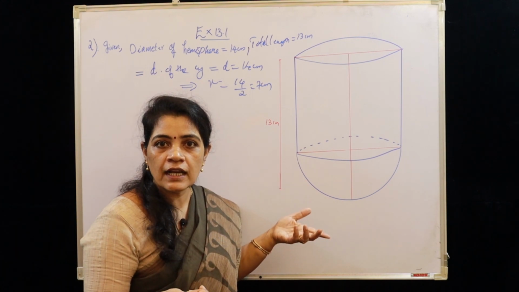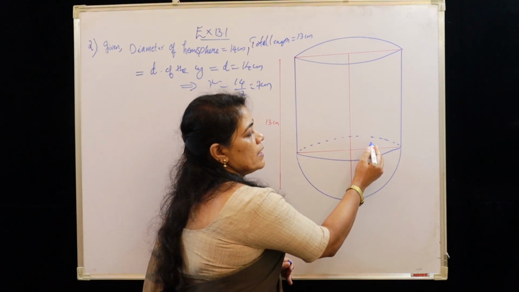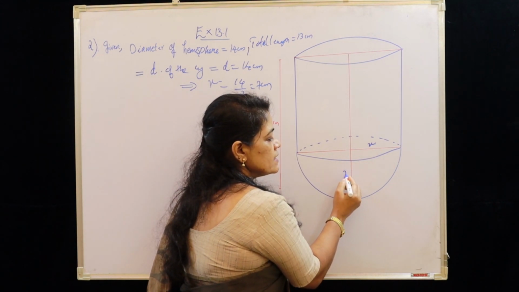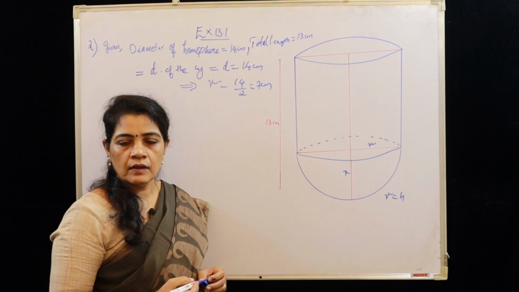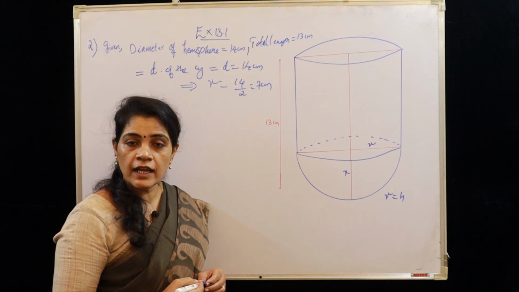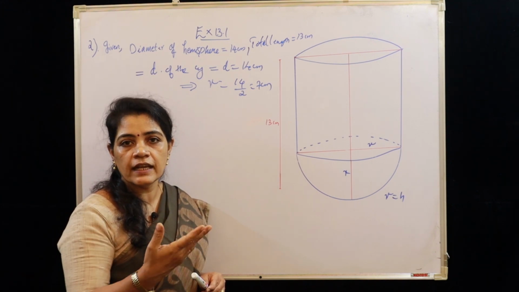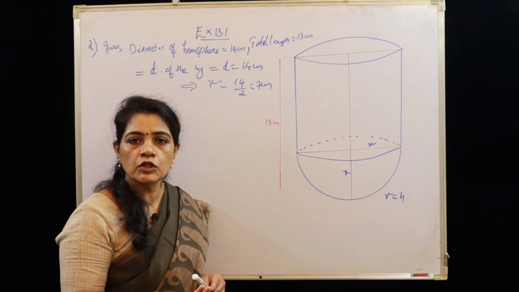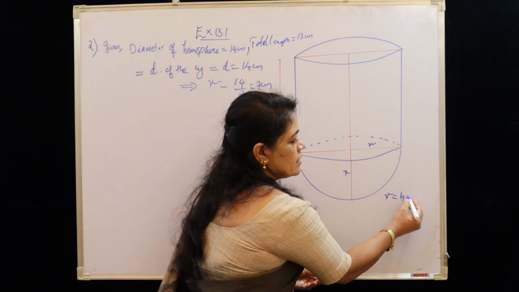Both are radii. So in a hemisphere, the radius is the same as the height, that is the depth, R equal to H. This is very important. Since the radius is given as 7 centimeter, the diameter is 14, which implies R is equal to 7 centimeter. So the height is also 7 centimeter.